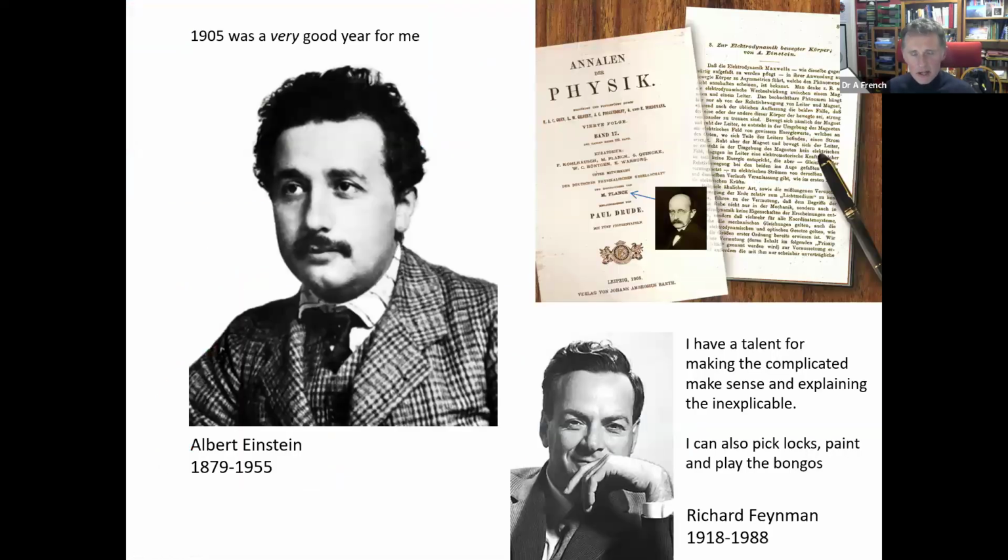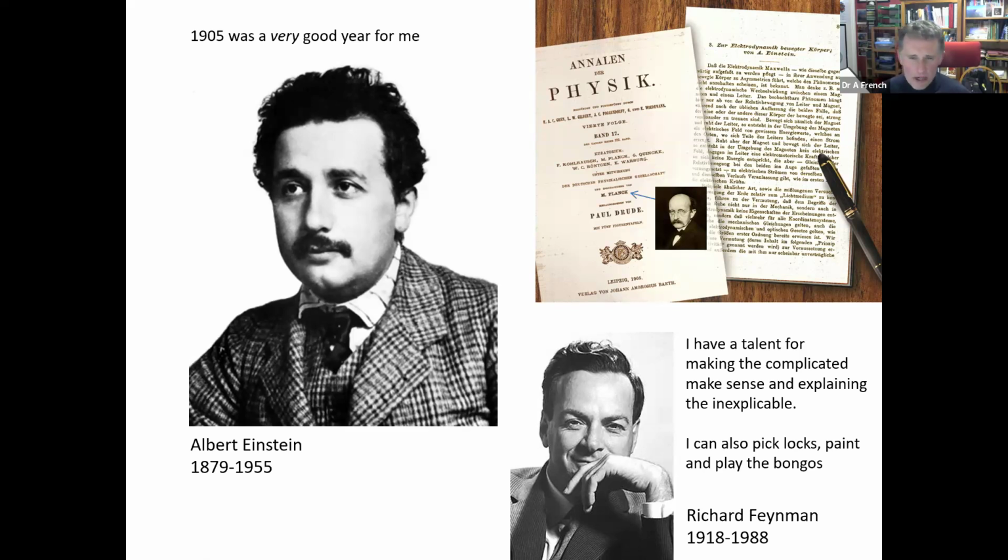All right, so 1905 was a very, very good year for this gentleman, the patent clerk, Albert Einstein. He published The Electrodynamics of Moving Bodies, one of three amazing papers, including the photoelectric effect, for which he won the Nobel Prize.